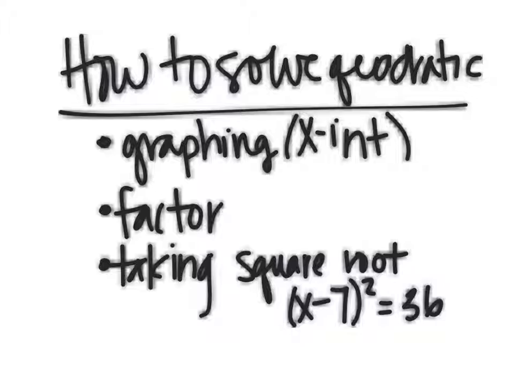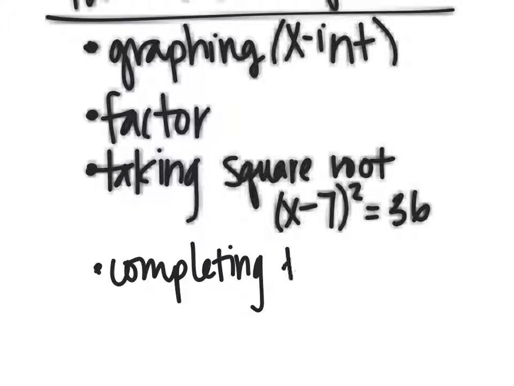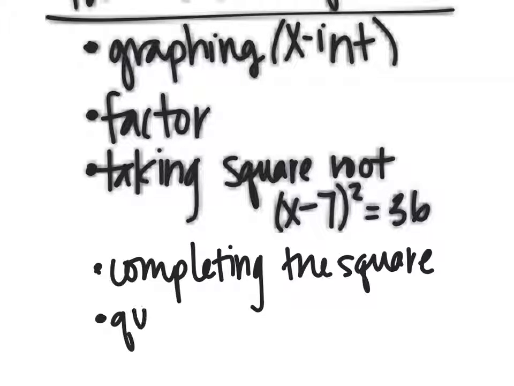And then the fourth way that we learned how to solve was by completing the square. And the fifth way that we're going to learn how to solve is by using the quadratic formula.